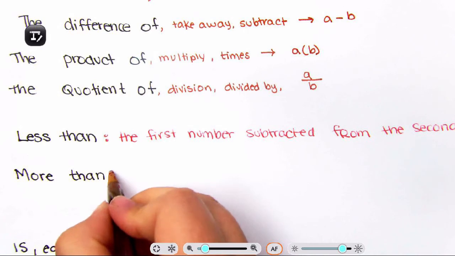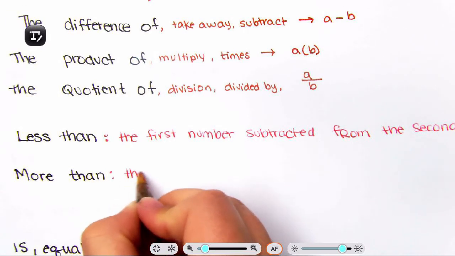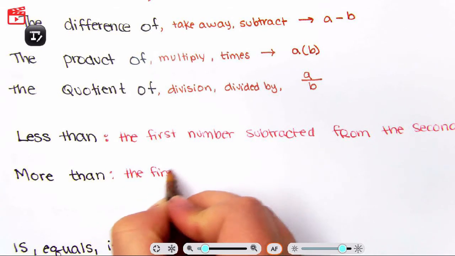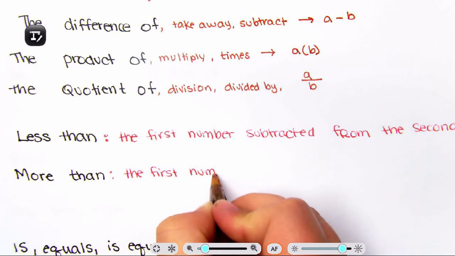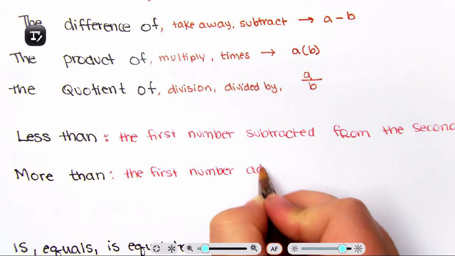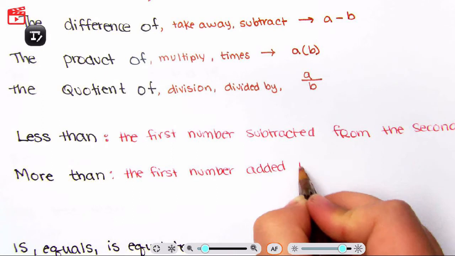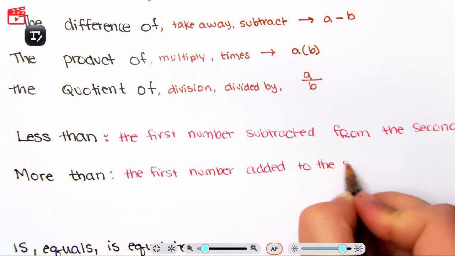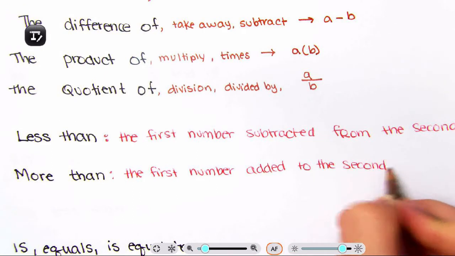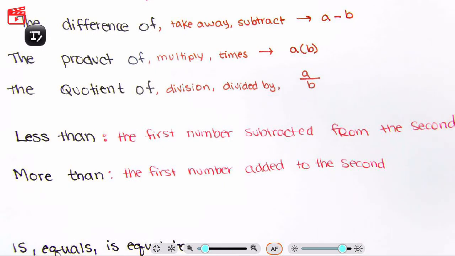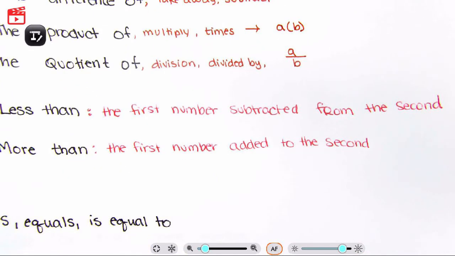More than is the first number added to the second. And we'll do more examples of this.